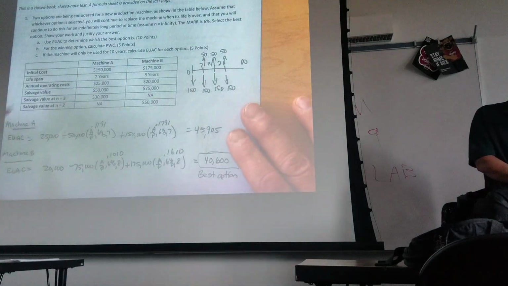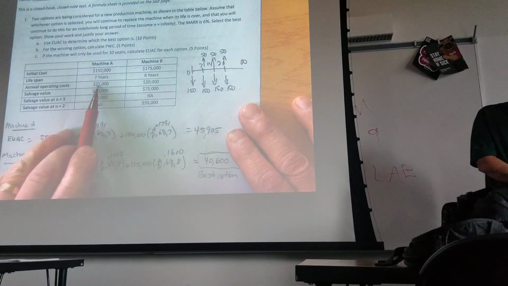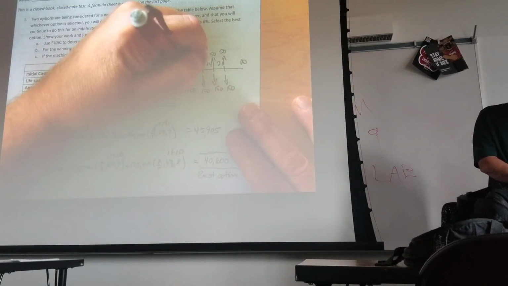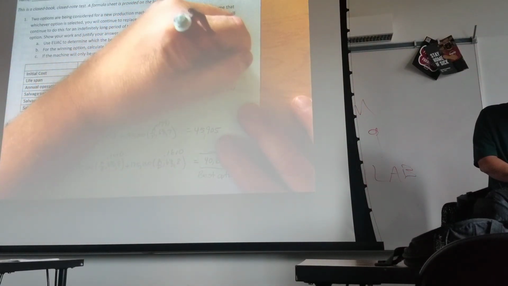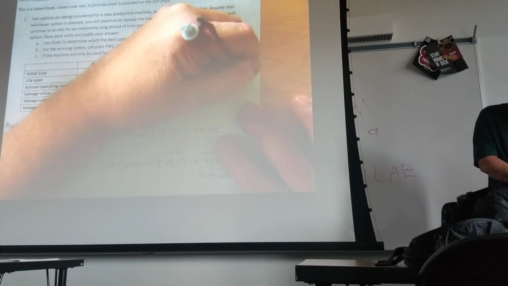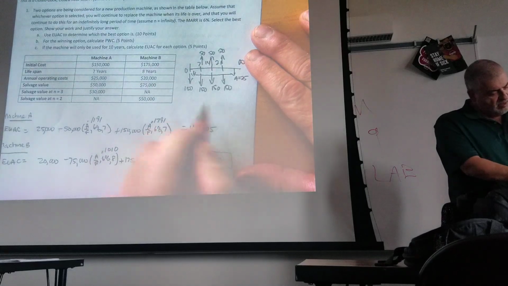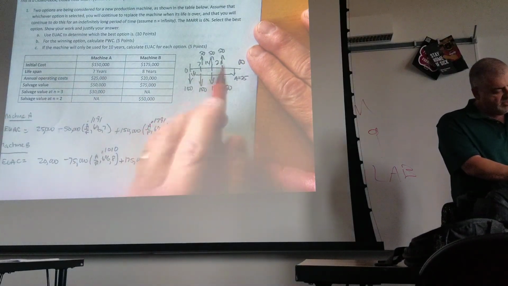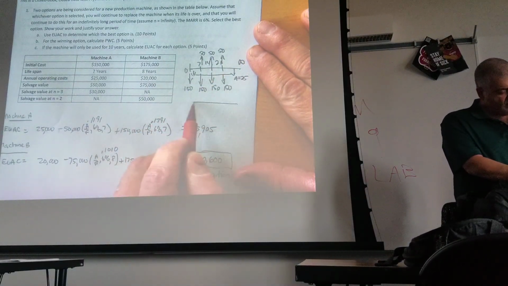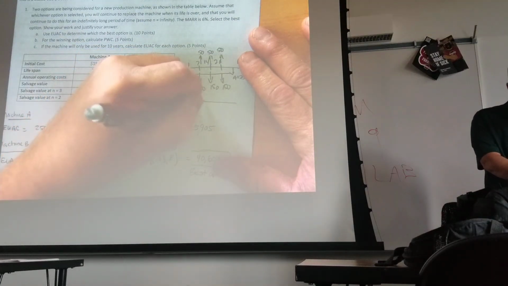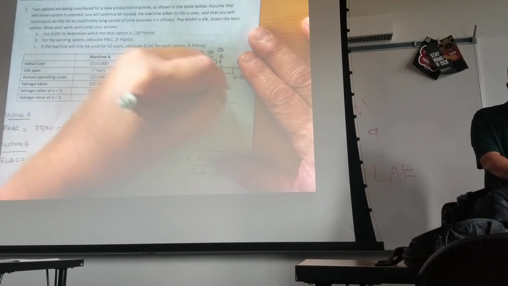And then every year is 25,000. And then for 8, it would look a lot like that. The numbers would be different, but it would essentially look the same. 8, 16, 24.